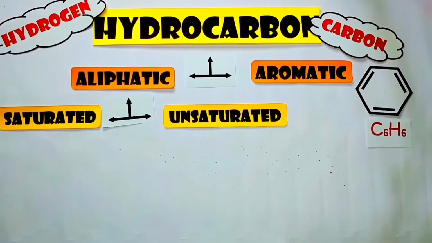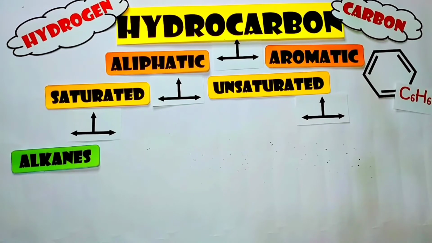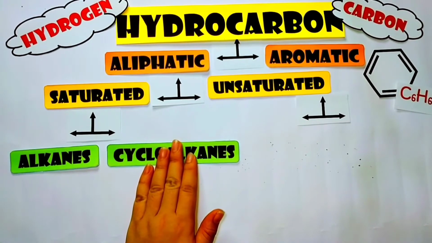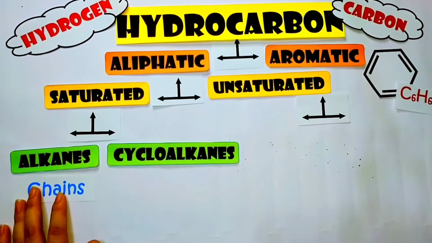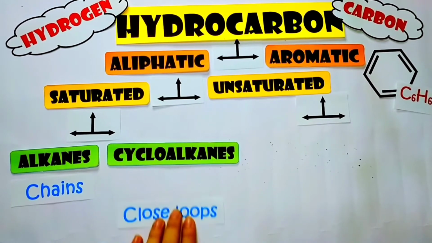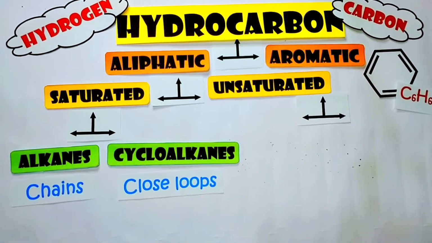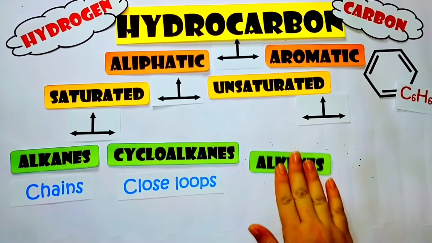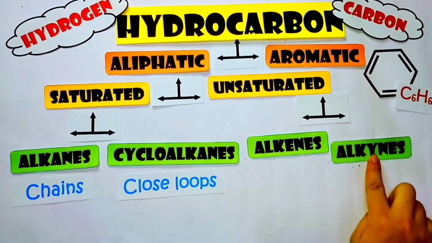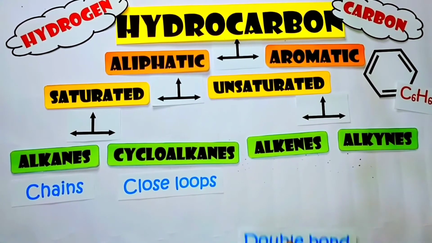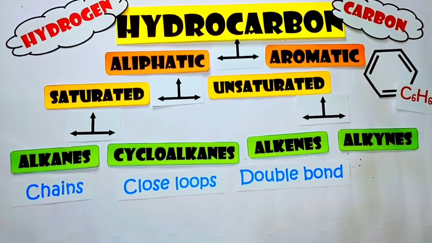Saturated hydrocarbon can be alkane or cycloalkane. Alkane is in the form of a chain, while cycloalkane is in the form of closed loops. Unsaturated hydrocarbon can be alkenes or alkynes. Alkenes consist of a double bond, while alkyne consists of a triple bond.